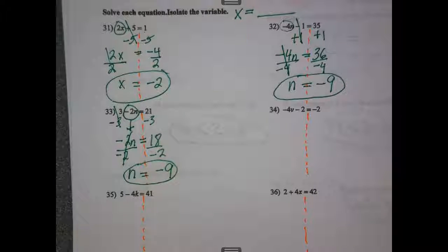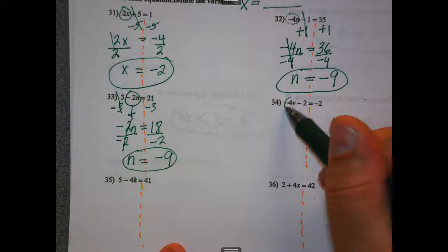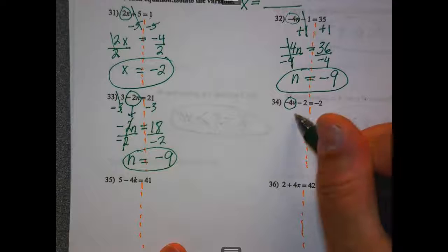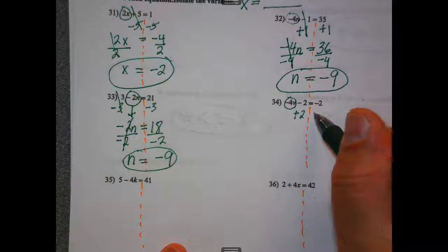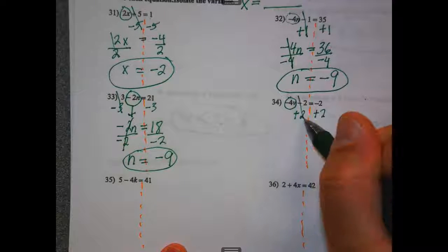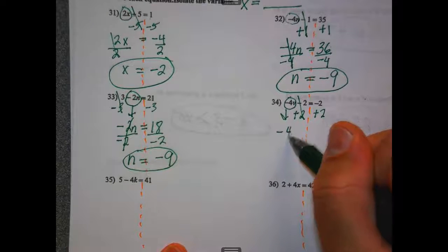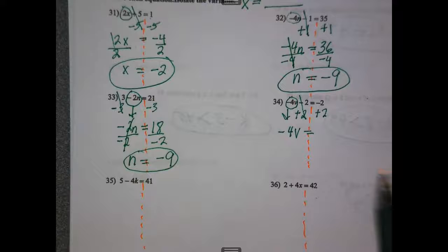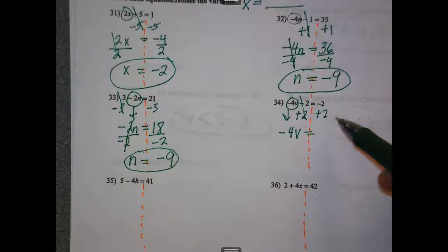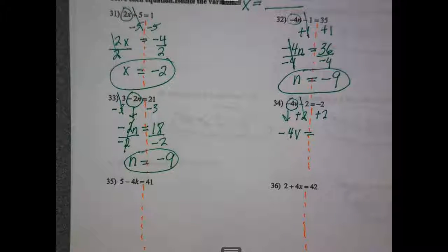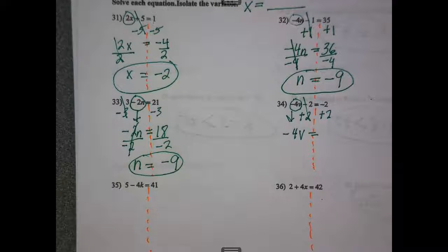Okay, 34. Have to get this term by itself, so I'm going to add 2 to both sides. These add up to 0. Bring down my negative 4b. Now, normally I just cross them out and don't put the 0 there. But this time I have to put the 0 there because there's nothing on the right-hand side.